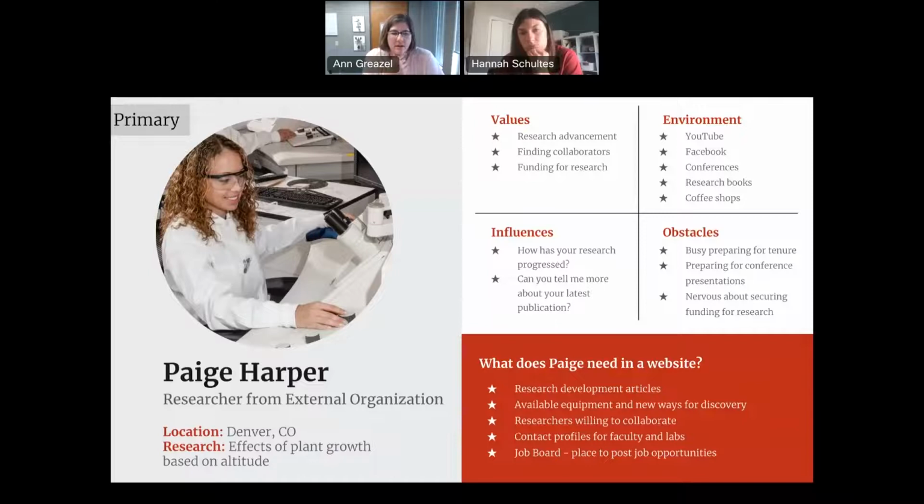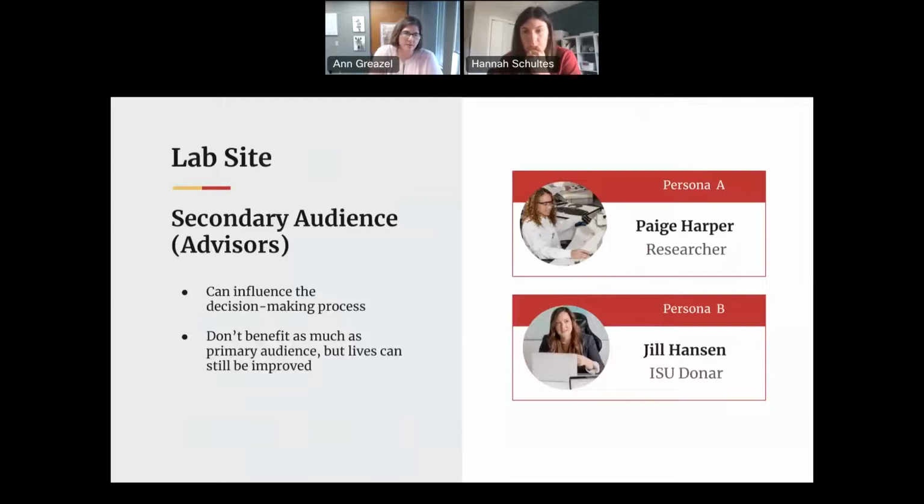Make sure that there are contact profiles for your faculty and lab projects, and then potentially a job board. Maybe this collaboration could result in an Iowa State student getting a job, getting an internship, being able to help in a lab. So it could go both ways in that regard. Those are things to think about in terms of a lab.